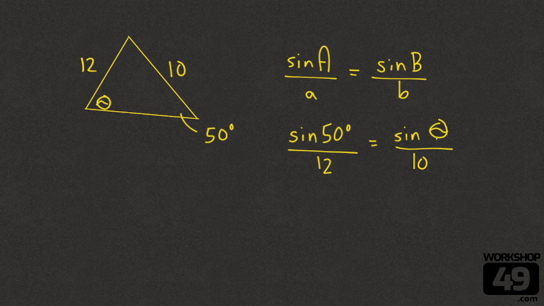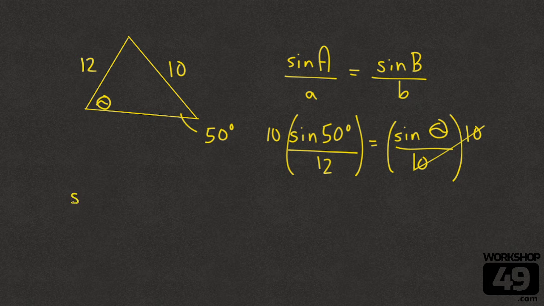To get this sine theta all by itself, we are going to need to multiply both sides by 10. That will cause these 10s to divide out, they become 1, and on the other side it will end up leaving us with the sine of theta is equal to 10 sine 50 degrees divided by 12.